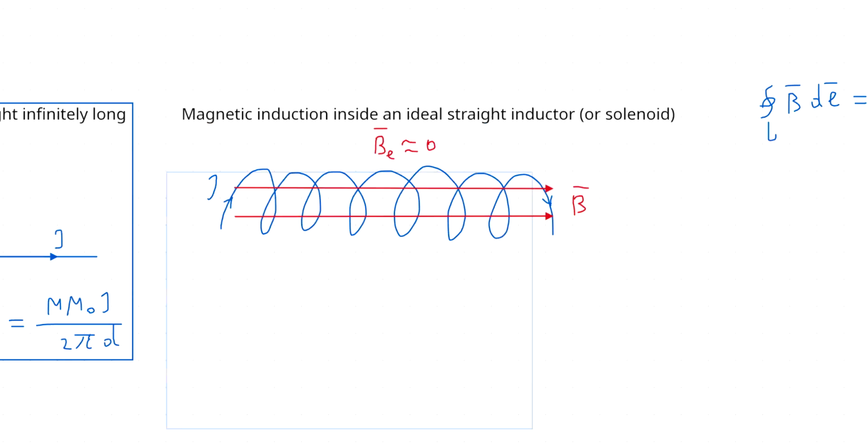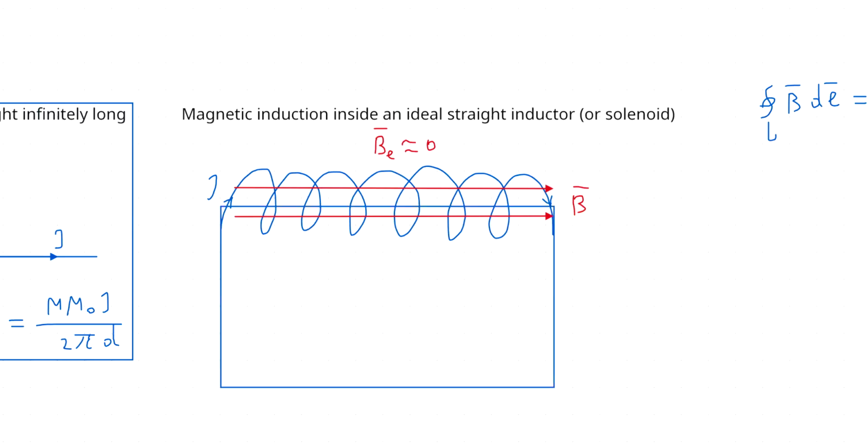In the first type, the best choice of circuit will be a circle, and in the second type, the best choice will be a rectangle. So let's choose a rectangle as a circuit in this situation.